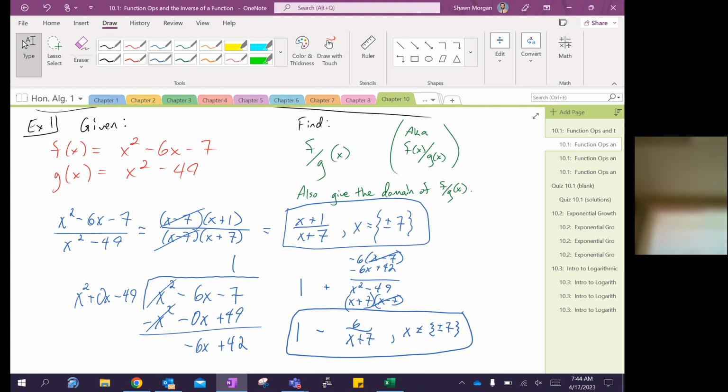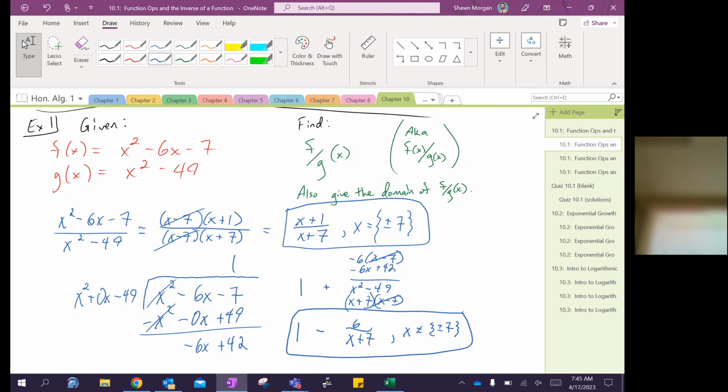That's like my first answer. Okay, just a fraction was the answer. But those weren't any of the choices. They had to take it and turn it into a mixed number. Our second answer is like a mixed number. If you wanted the second answer down here to look like the first answer, all you have to do is change this 1 to a x plus 7 over x plus 7.